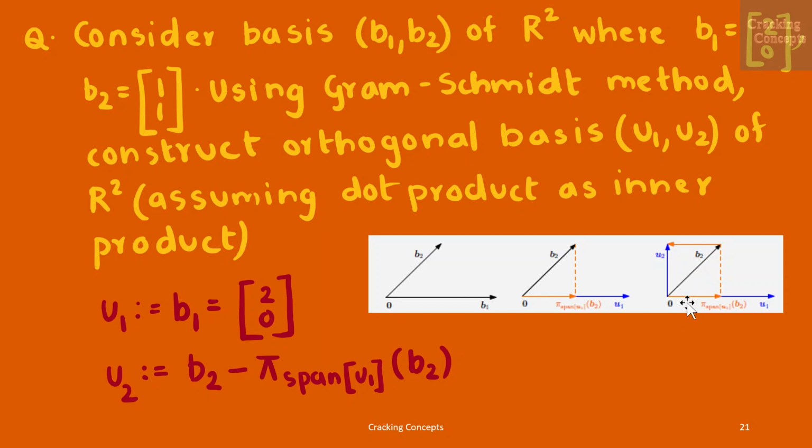Then we'll construct the second orthogonal basis vector u2, which will give us this final image where we have both the orthogonal basis vectors u1 and u2, where u2 is given by b2 minus the projection onto the span of u1 of b2.